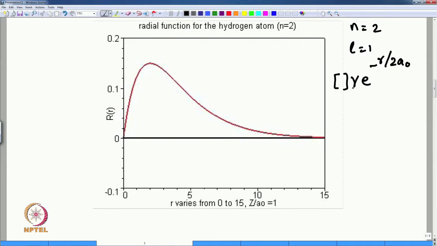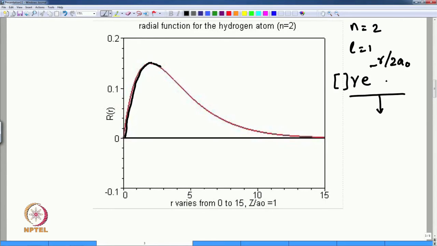You can see that this function is 0 at r equal to 0. As r increases, this increases, but this decreases. So, there is a competition between the increasing r up to a point where there is a maximum, and then the function is reducing due to the exponential. Even though r is increasing, the exponential dominates, and therefore the function goes to 0 for large values of r.